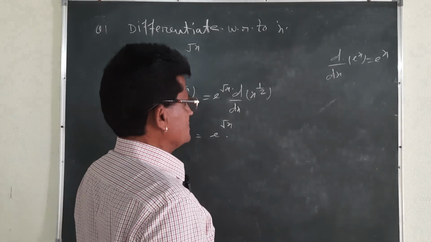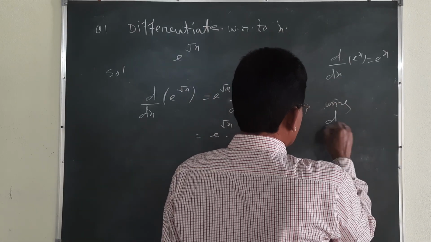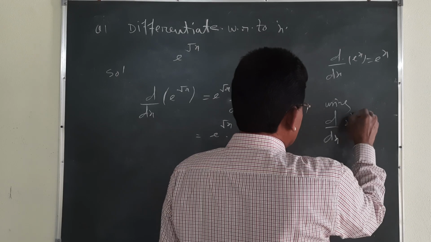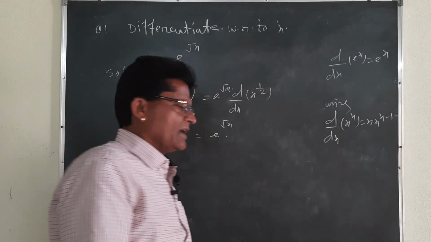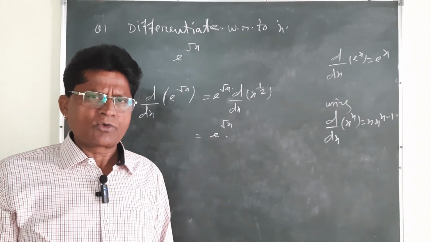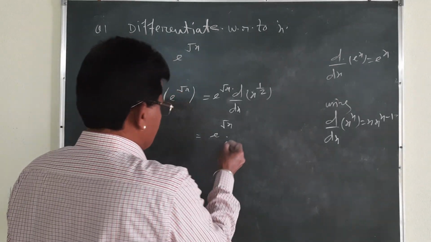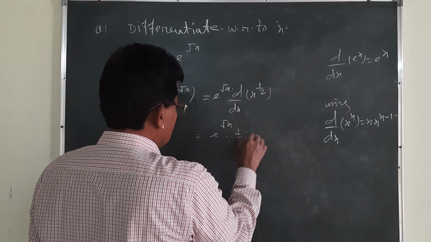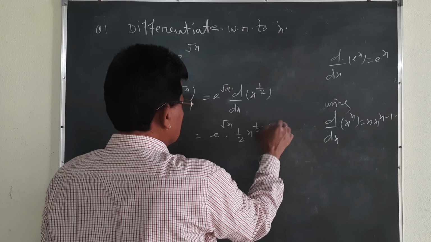And just before, I told you to use the formula. Which formula? The same formula, time and again you have to use: n x to the power n minus 1. Several times throughout differential calculus as well as integral calculus, you must use it. It will be half x to the power n, where n is 1 by 2, minus 1.